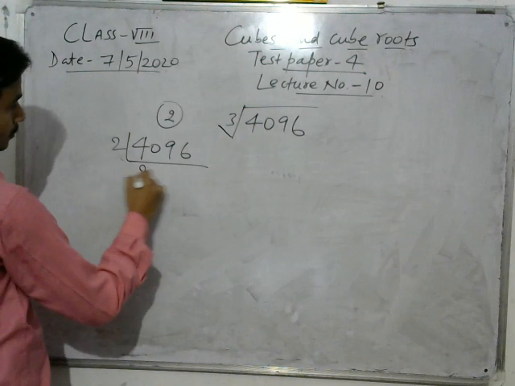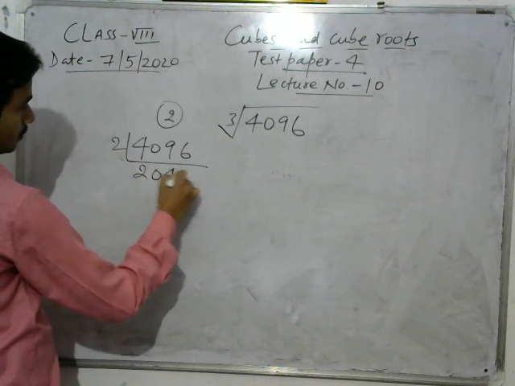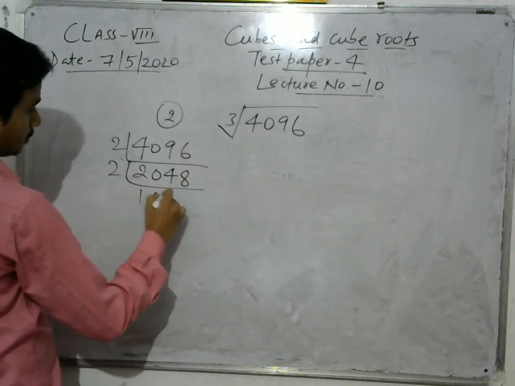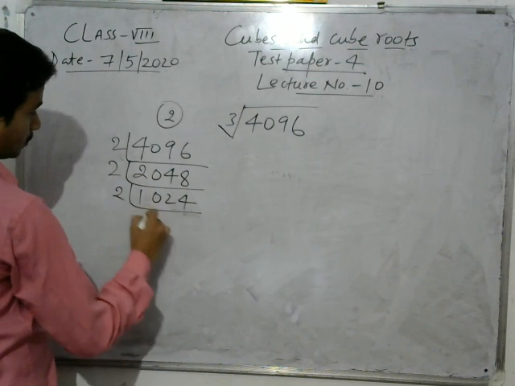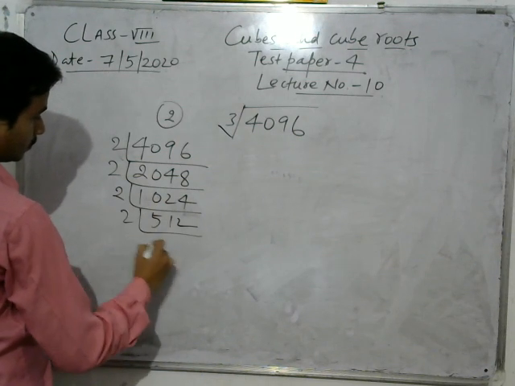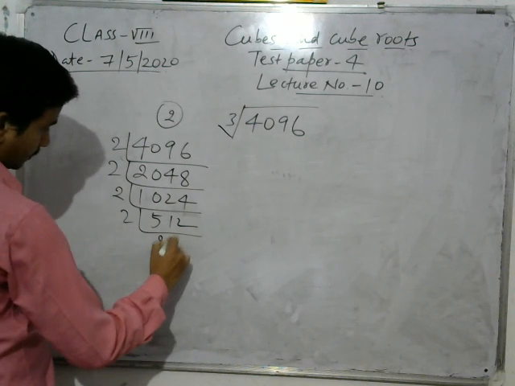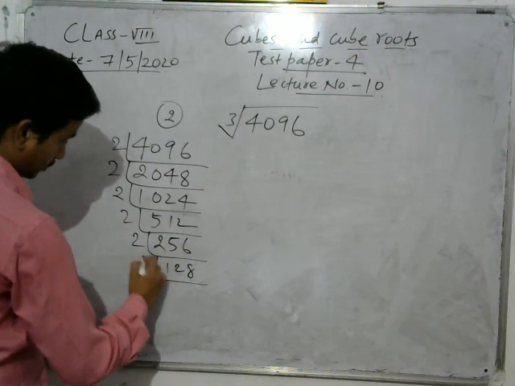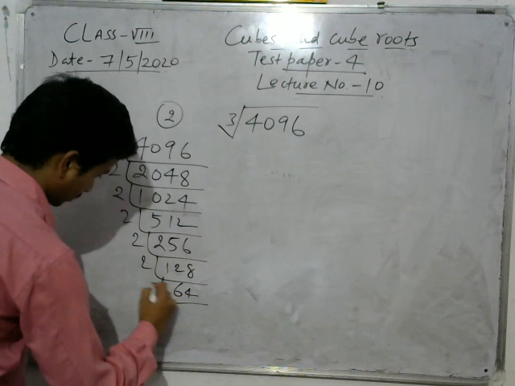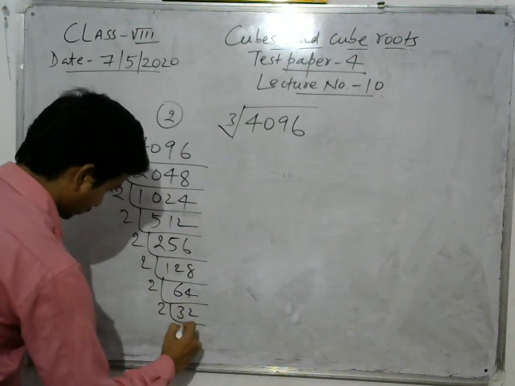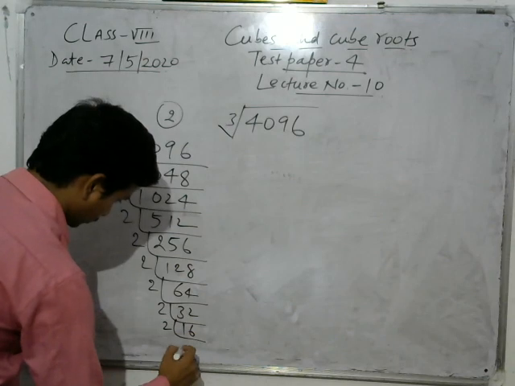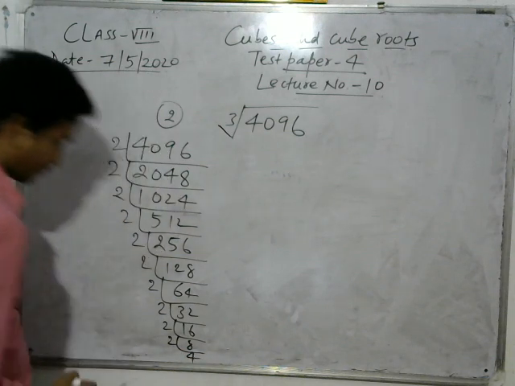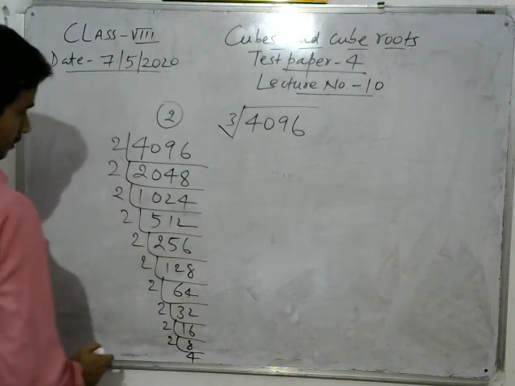First, divide it by 2. 2 into 2048, 2 into 1024, 2 into 512, 2 into 256, 2 into 128, 2 into 64, 2 into 32, 2 into 16, 2 into 8, 2 into 4, and here 2 2s.